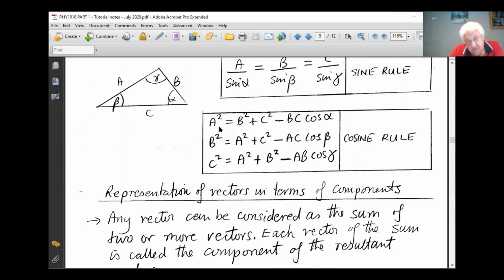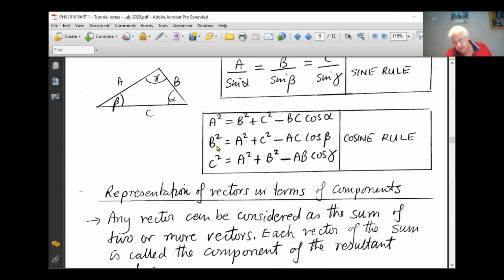My cosine rule is very like Pythagoras' theorem, but it applies to all three sides, except we have this extra term that we subtract. So A squared equals B squared plus C squared minus 2BC cos alpha. Notice that alpha is the angle opposite A. And the sides that we add are also the sides that we multiply by cos alpha.